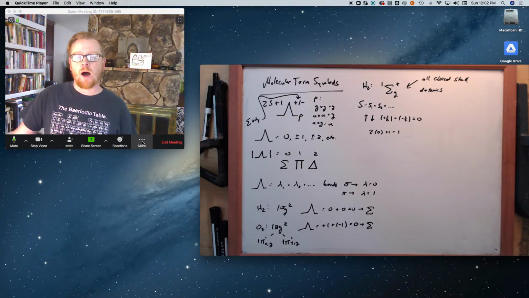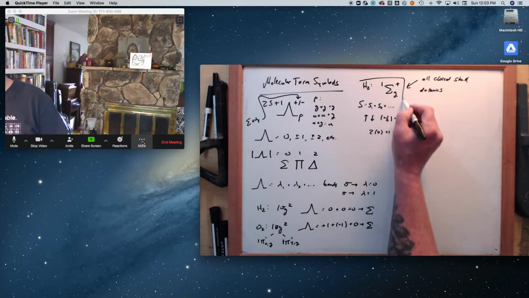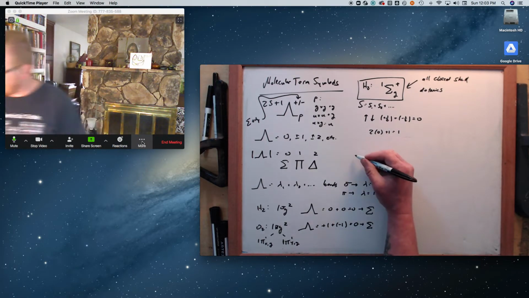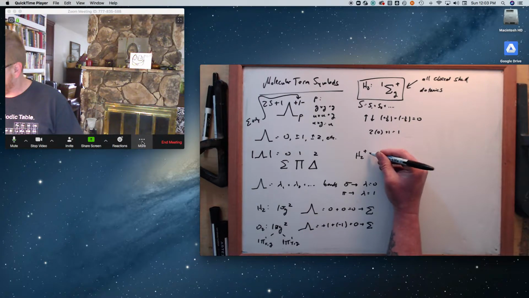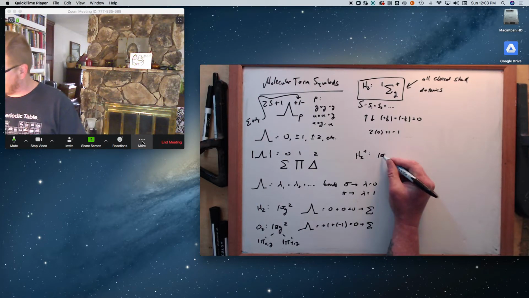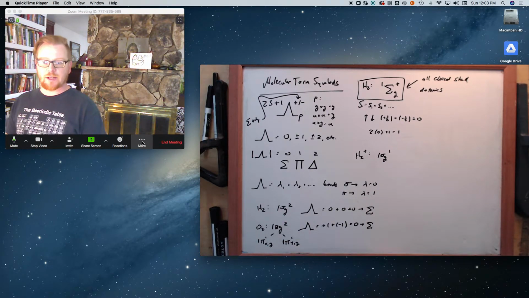And so I'll go through a list of those in a moment here, but right, there's our H2 molecular term symbol. So now what if we were doing H2 plus, okay? So that's a 1 sigma G1, so we took away one of those electrons.